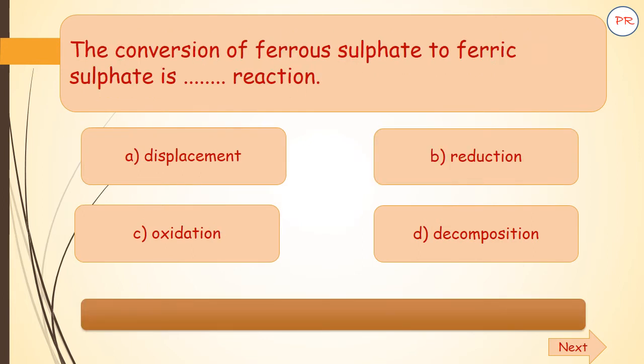The conversion of ferrous sulfate to ferric sulfate is dash dash dash reaction. Options are A. Displacement, B. Reduction, C. Oxidation, D. Decomposition. Your time starts now.